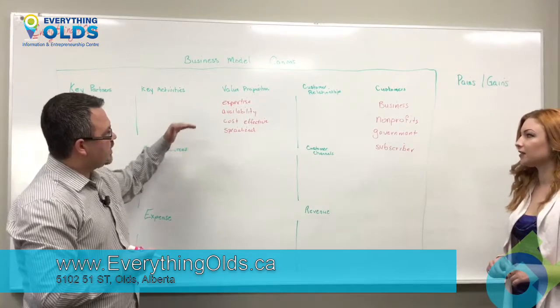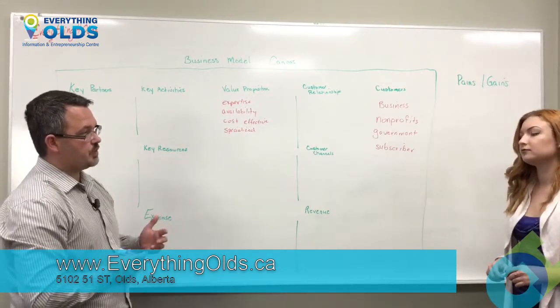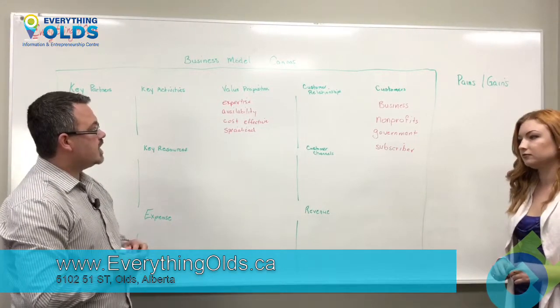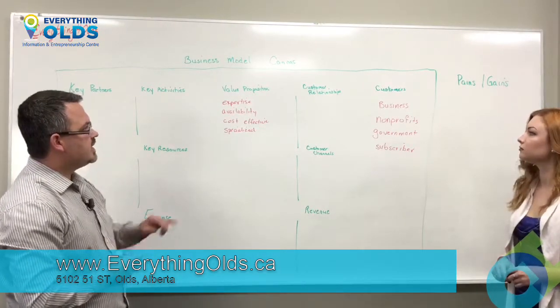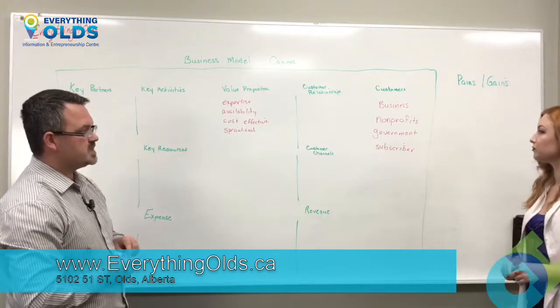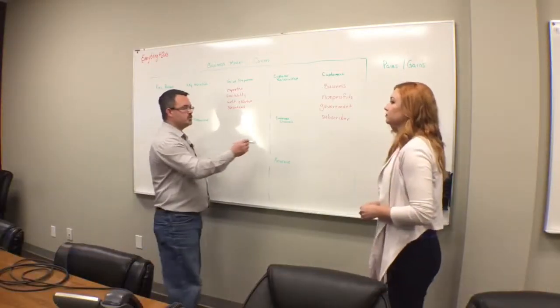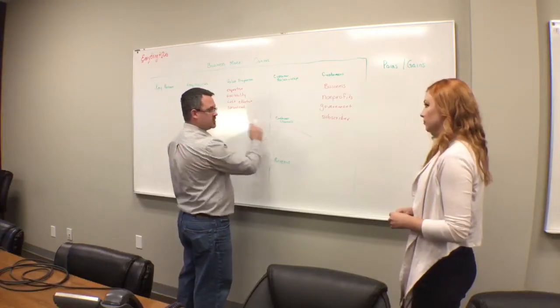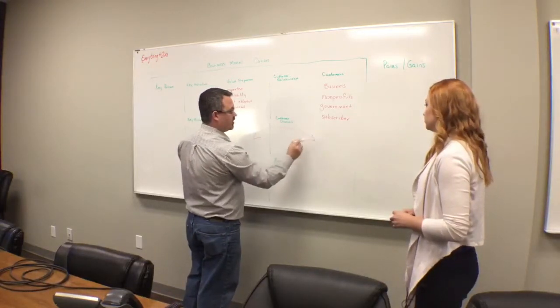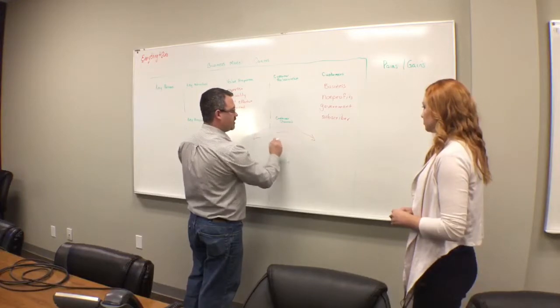Those are all value propositions to your customer base and help define the type of business and service that you provide. Now, if you're trying to work with business, how would you reach your business? How would you provide this value proposition to this customer? How are you going to connect with them?